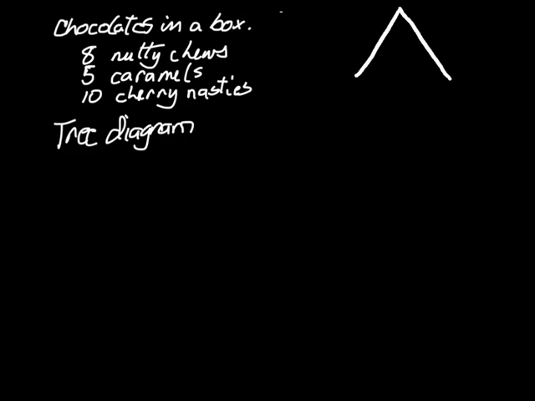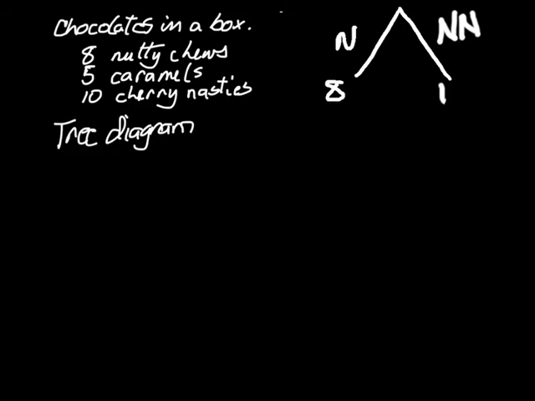So my first step is, what are my choices? Well, I have 8 Nutty Chews, so these are the nutties. And then we'll call this everything else, or the non-nutties, the non-Nutty Chews.